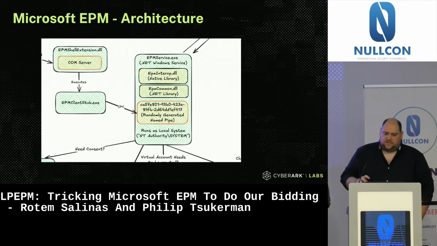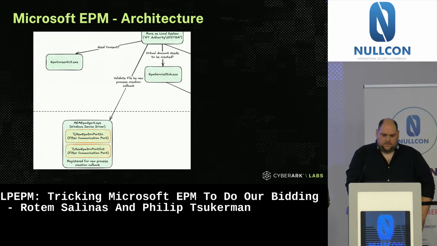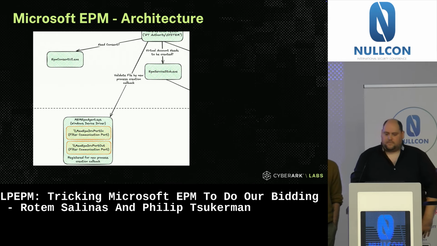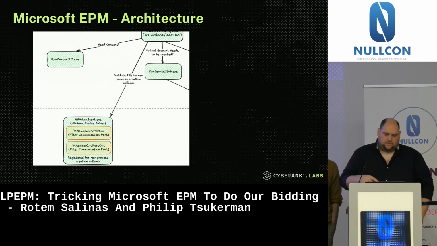This service is running under the NT AUTHORITY\SYSTEM entity. Then we have a device driver, mepm agent.sys, which is responsible for monitoring new process creation, and we can also communicate with it with filter communication ports.